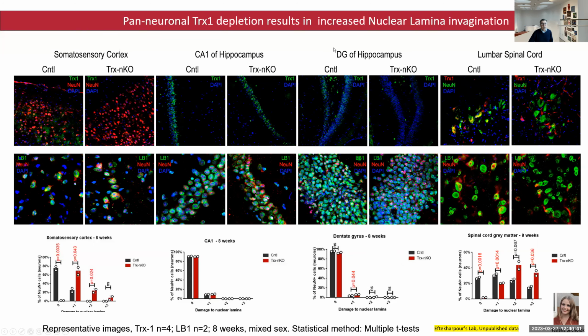Here we are looking at the nuclear lamina invagination and its efficiency. I don't want to walk you through all of it, but what I can tell you is that except for hippocampus CA1, the rest, the spinal cord, somatosensory cortex, or even dentate gyrus, showed a good correlation of nuclear lamina invagination with thyroidexin depletion.